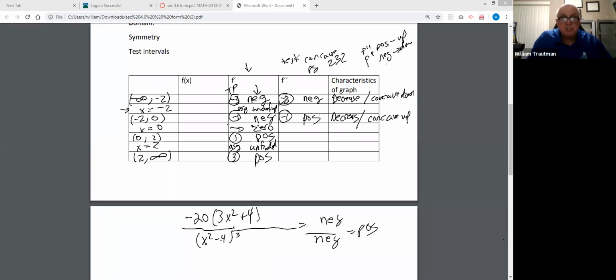All right, so I'm going to go to the next interval, which is a +1. Put 1 in here, I get positive times a -20, which is a negative. Put 1 down there, I get a negative. Negative divided by negative is a positive.